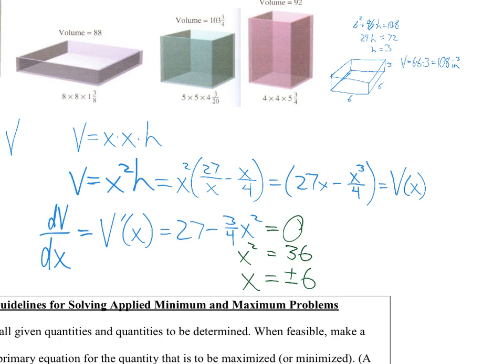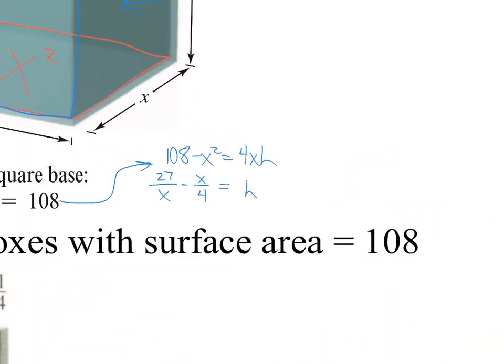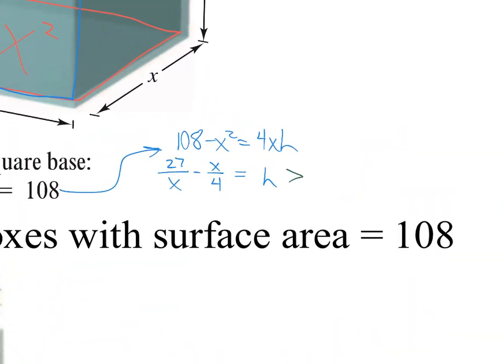But the volume, we could arrange this a lot of different ways. Let's think about the height has to be greater than 0 in order to have a box, right? So my height has to be greater than 0.